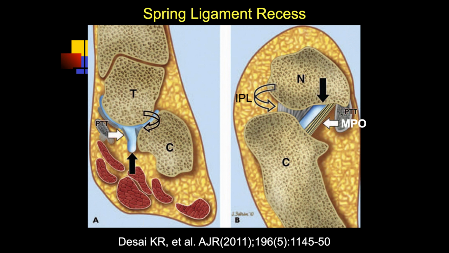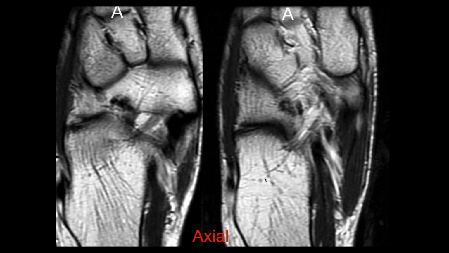Here's the PTT, and the superomedial aspect of the spring ligament will be up another cut higher, which would be a soft tissue plane here, which is difficult to detect, and it's deep to the posterior tibialis tendon.